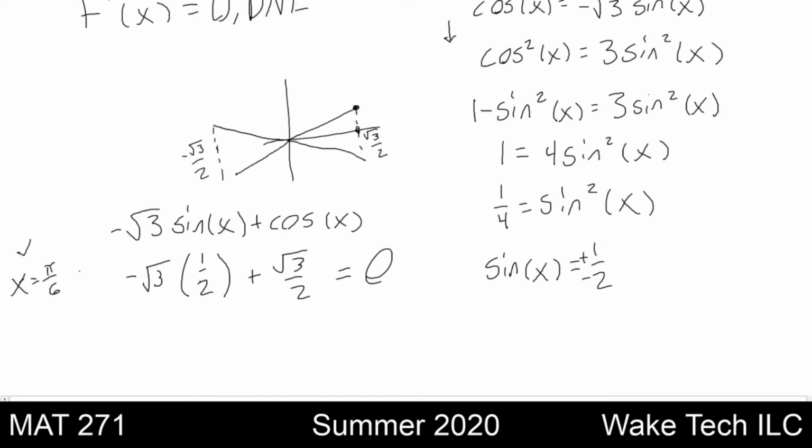What about the next one, which is 5 pi over 6? And you can also use your calculator to do this work for you. I'm just choosing not to here. So the sine here is positive and the cosine is negative.